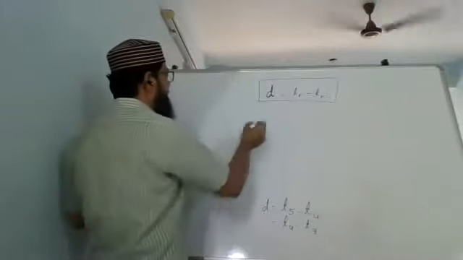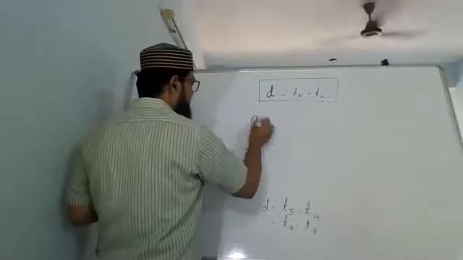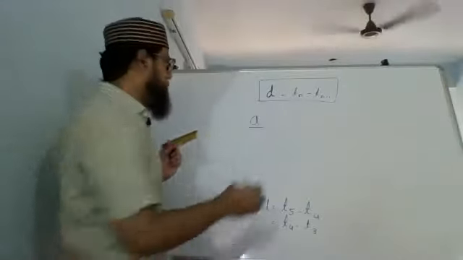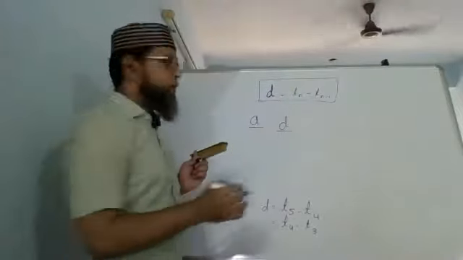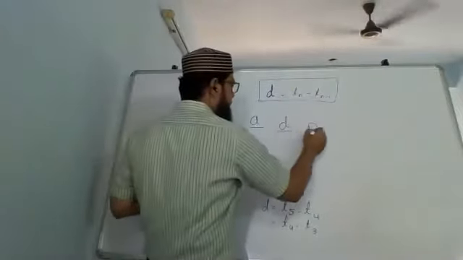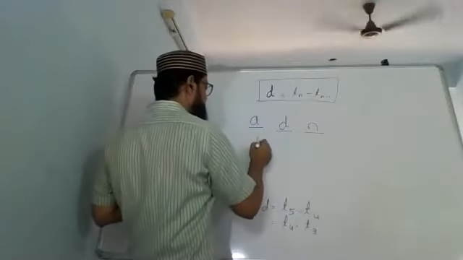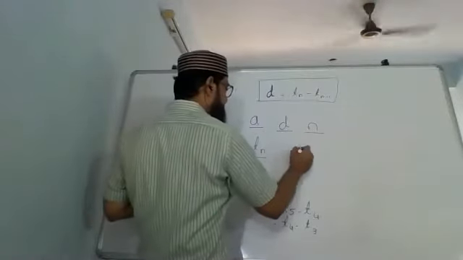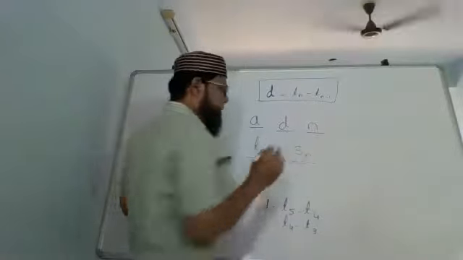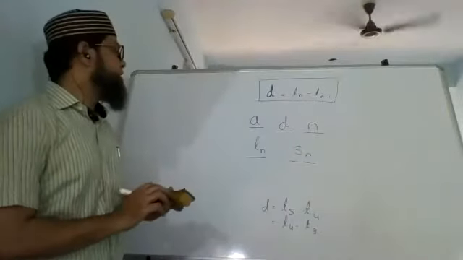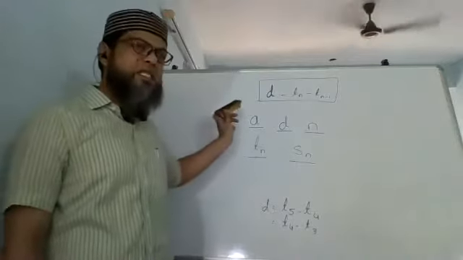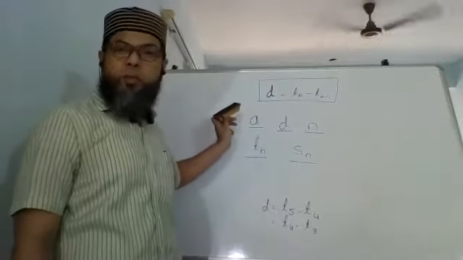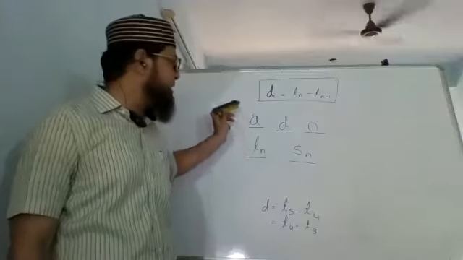You need to identify A. You need to identify D. You need to identify N. You need to identify Tn. You need to identify Sn. If you can find out just these 5 things, this chapter's 8 marks are in your pocket. You need to know about these 5 things.